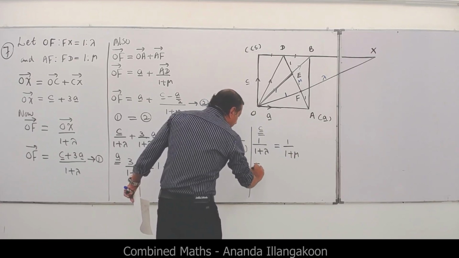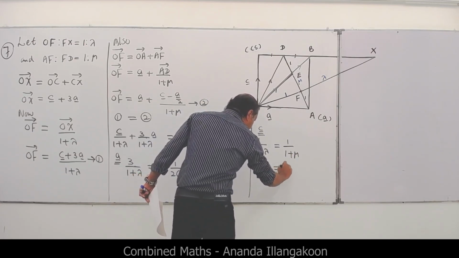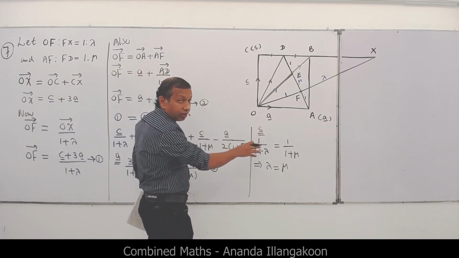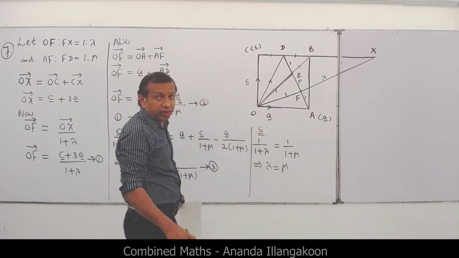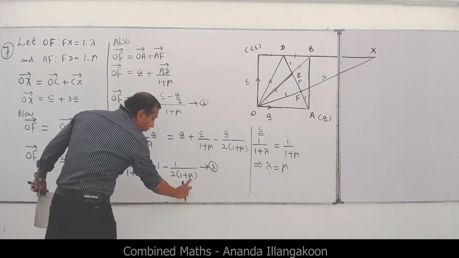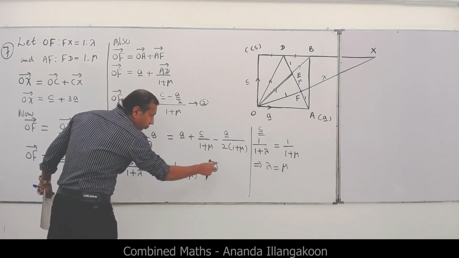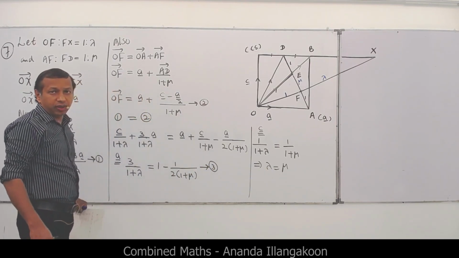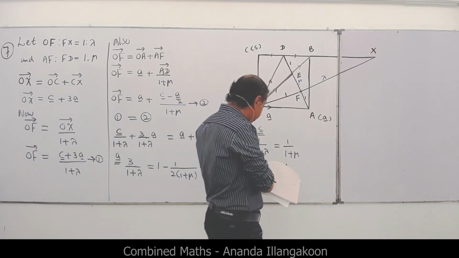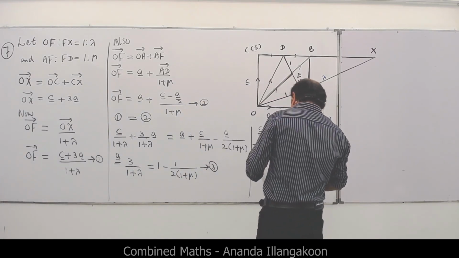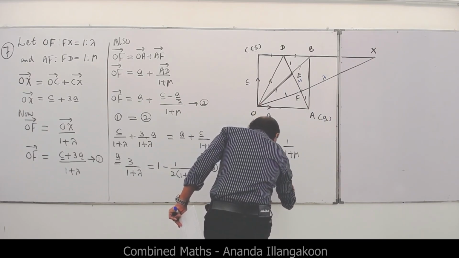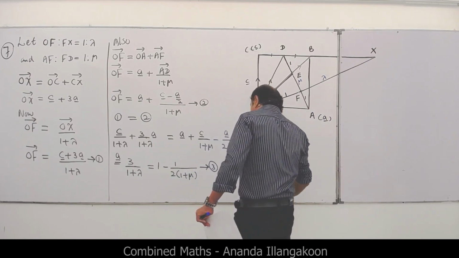For these you can very clearly see lambda equals mu, no? Taking reciprocal, cancelling 1 and 1, lambda equals mu. Then lambda and mu equal, therefore in number 3, in place of mu we put lambda, and simplifying you get lambda. Lambda only we need to find, okay? Okay, then we get now by number 3, right?